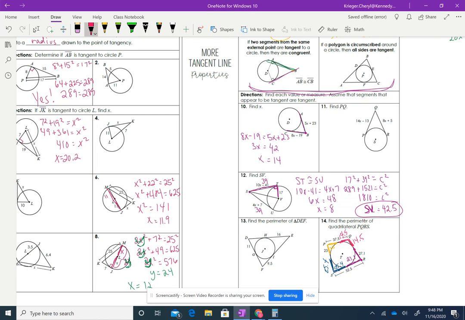Okay, so now I have all my side lengths. PQ, they gave us is 37.5. QR is 14.5 plus 27.1.